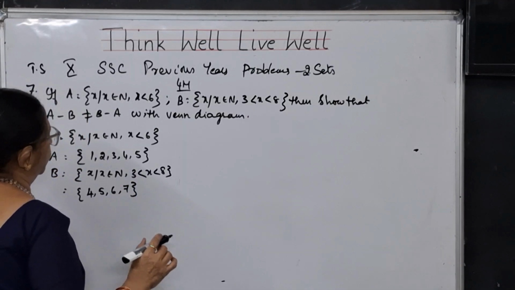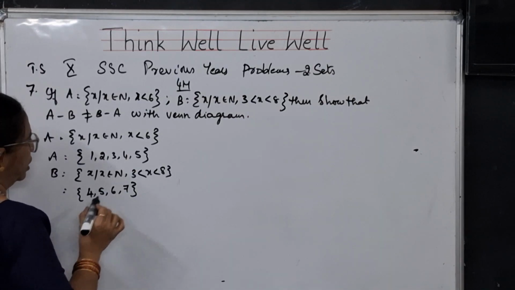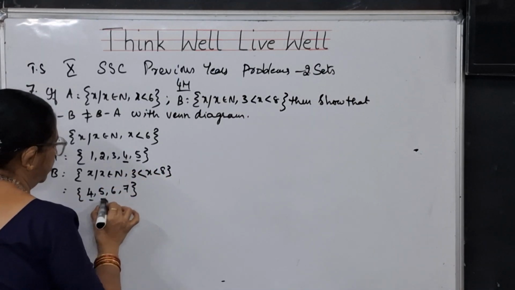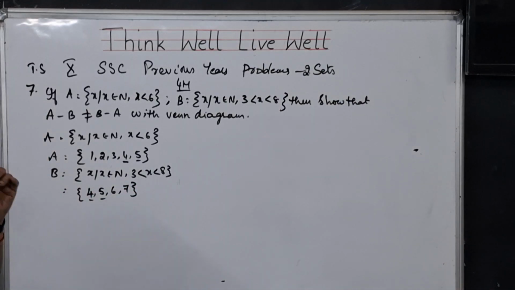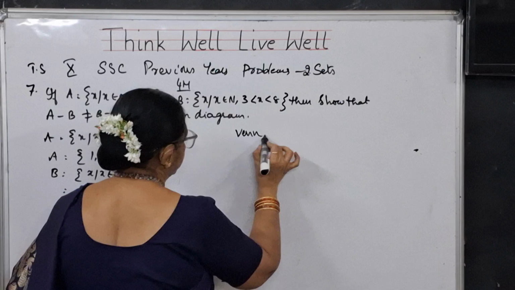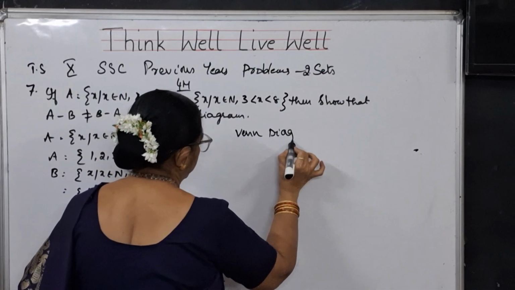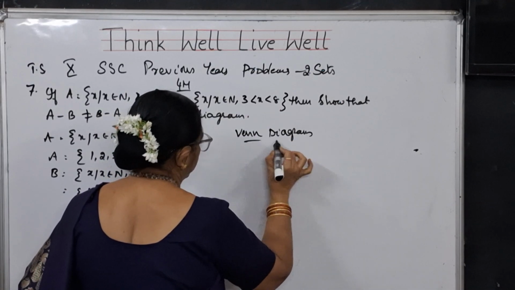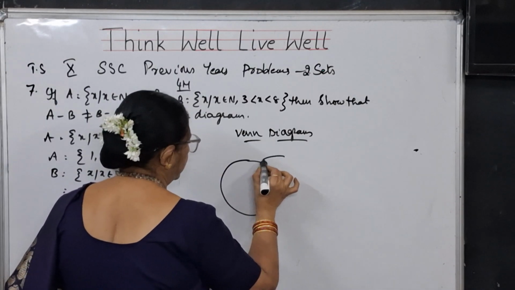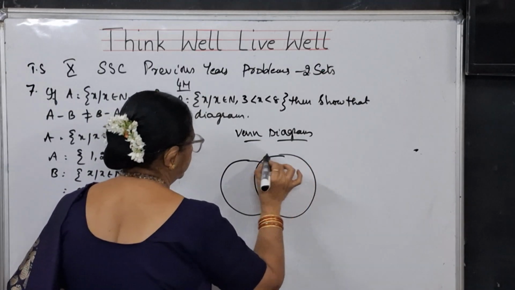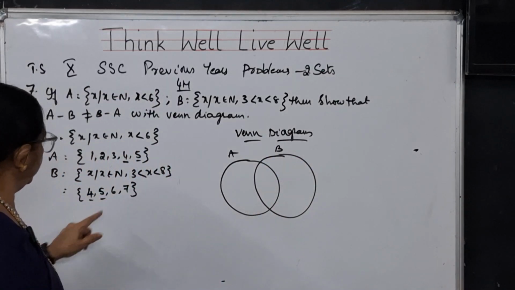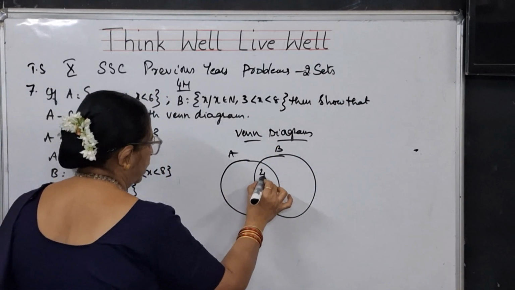Now you have to show the Venn diagram. So let us see what is common, children. Common is 4, common is 5, nothing else. So when you are drawing the Venn diagram, common elements are there, in set A and set B. The common, underlined part, I will write 4 and 5.